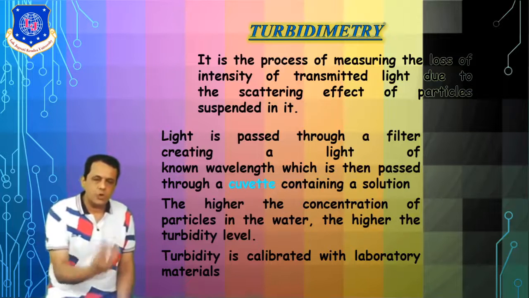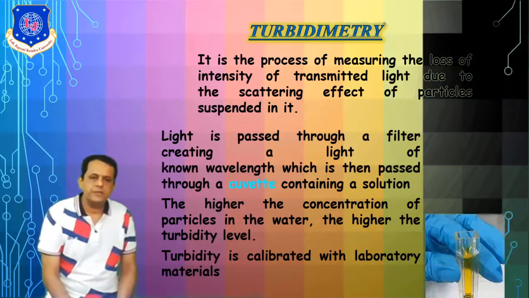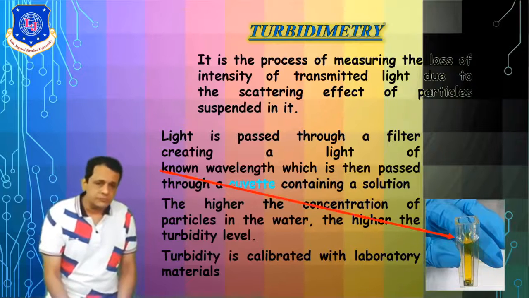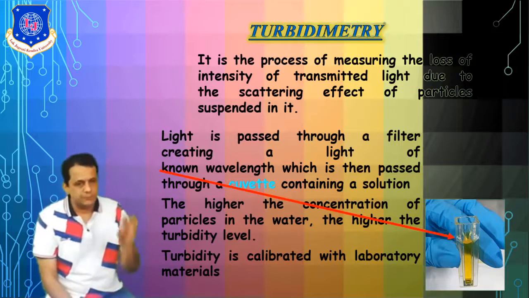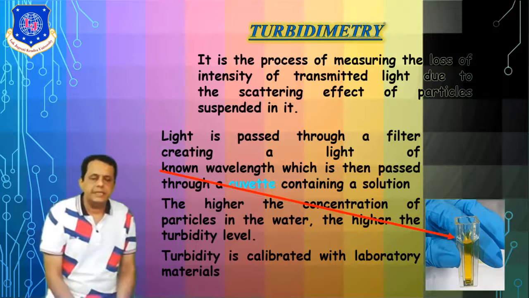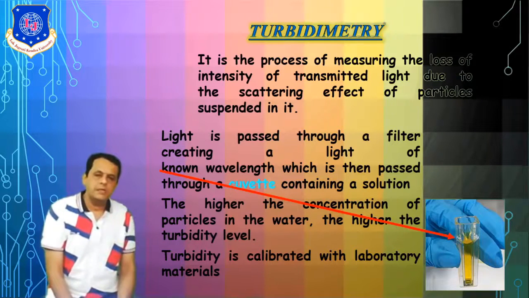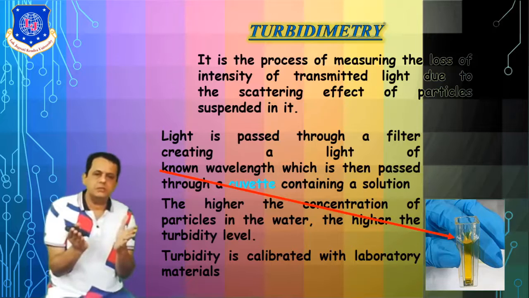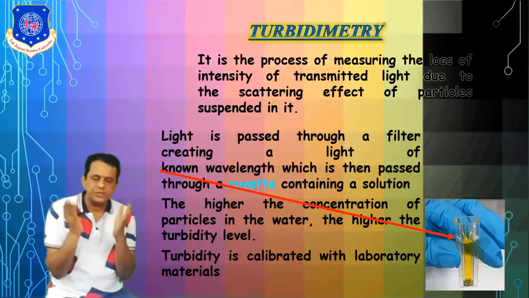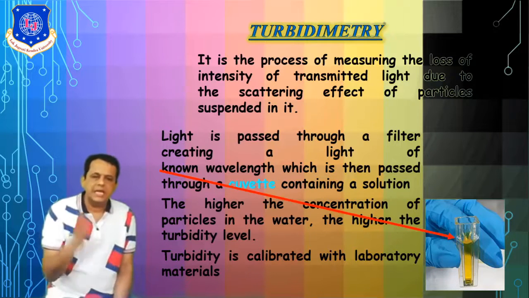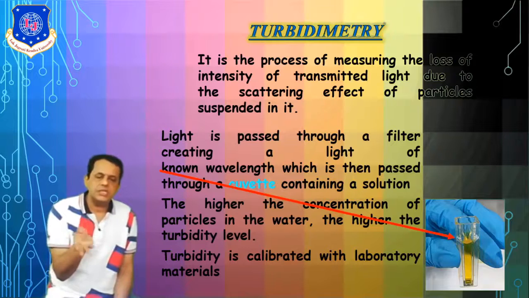A cuvette is a small vessel where we put the sample, and we examine the scattering effect of light here. The higher the concentration of foreign, suspended particles in the water, the higher the turbidity.